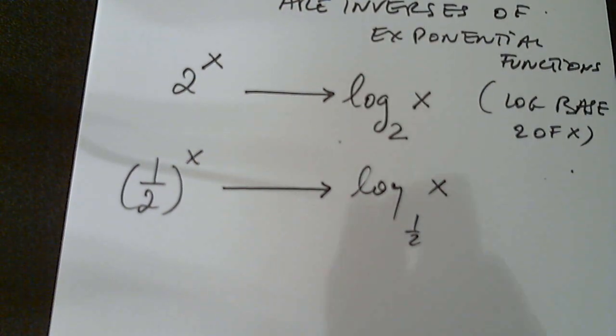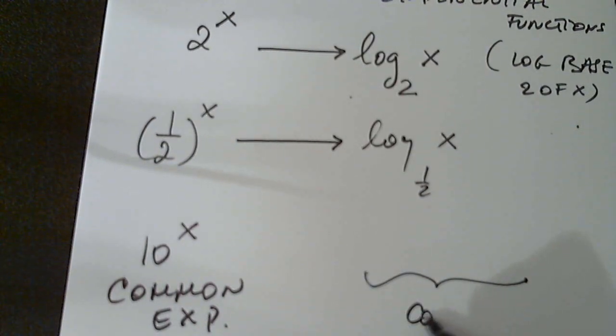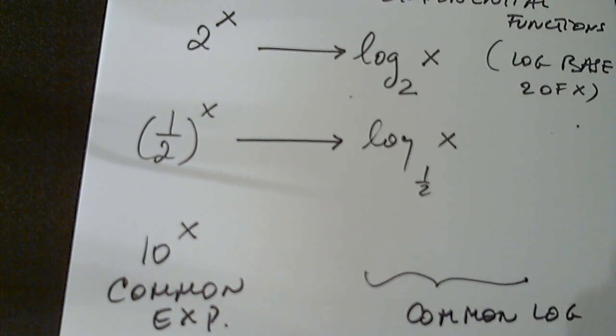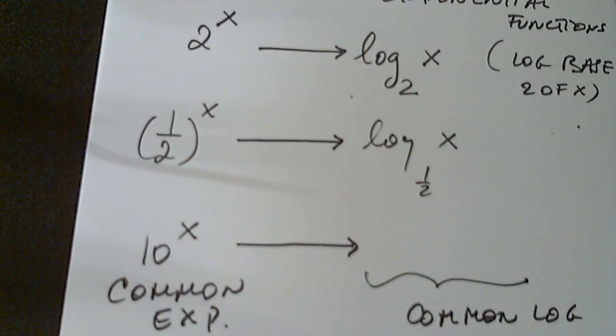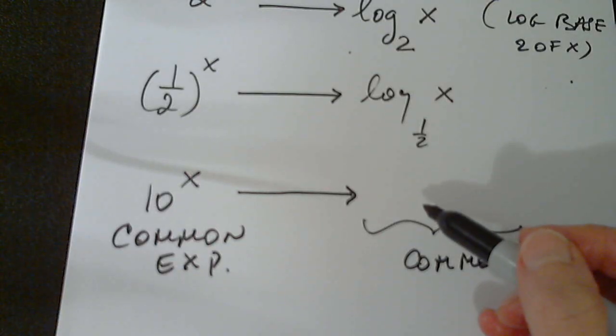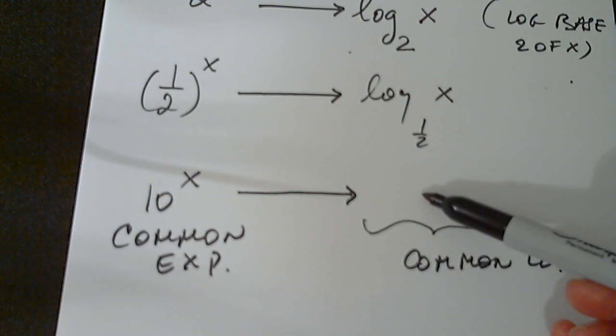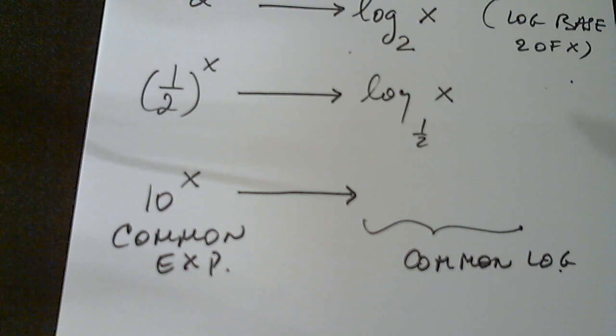We need to look at two more. This is called the common exponential. Of course, the inverse will be called the common log. How do we write it?